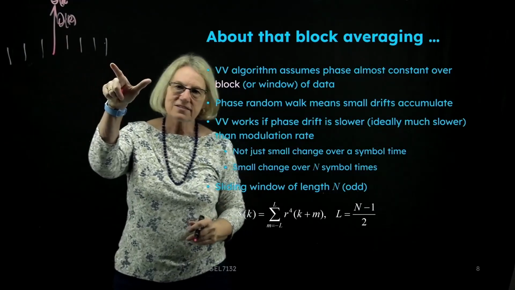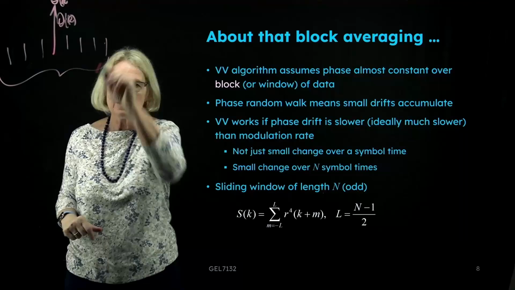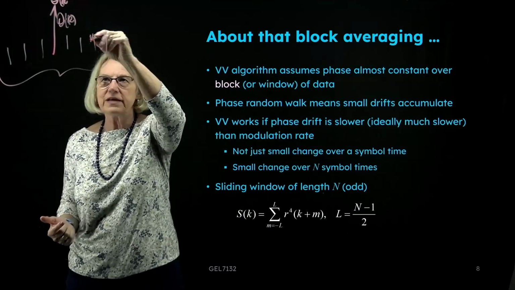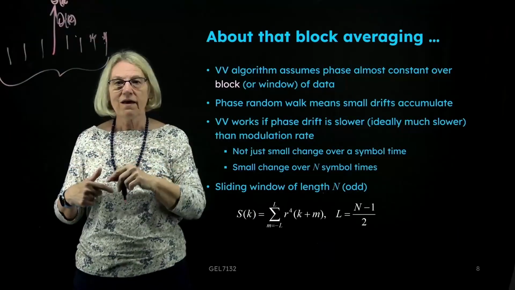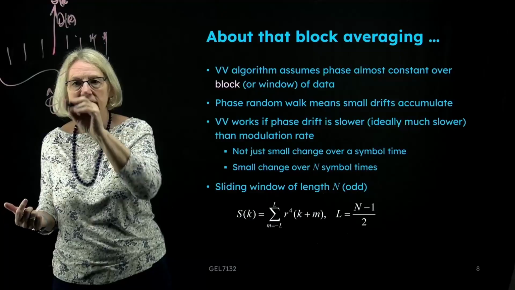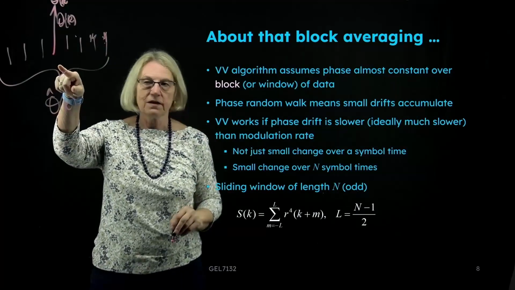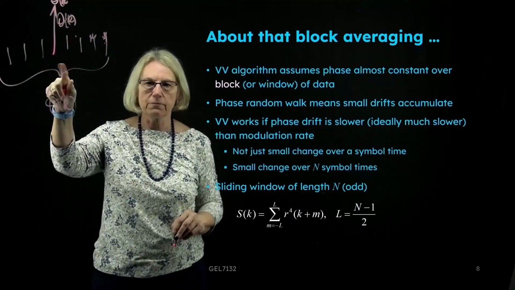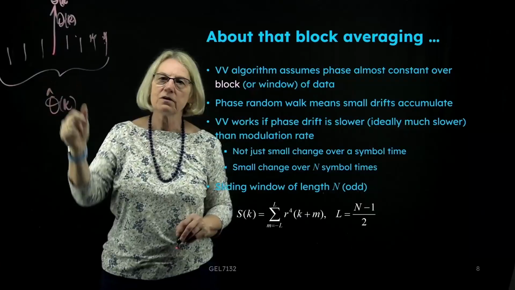And I assume that the phase is pretty constant during this period. I'm going to average over it because, of course, the phases are being obscured by noise. But the more I average, the more that noise goes away. And then in the end, I'll get some estimate of what the true value is. And that estimate I will apply to the center point. And maybe to save computation, I might do a couple of neighbors too, but I could also just do it for one point.